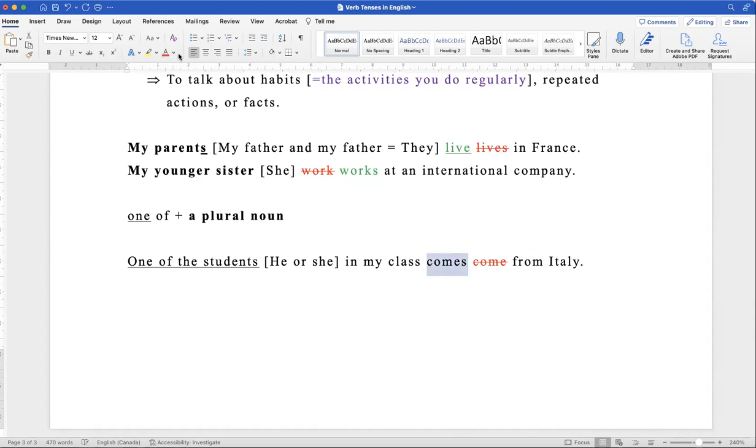There should be an S at the end. Okay. These are just the most important things about your writing when it comes to the simple present tense. So please be careful about those points. What else?